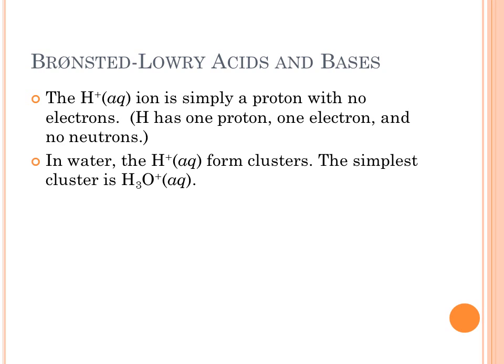In water, the H plus ion doesn't just simply exist by itself. Usually it forms a cluster with water, the simplest of which is H3O plus, which is the hydronium ion. You can form larger clusters like H5O2 plus and H9O4 plus, so on and so forth.